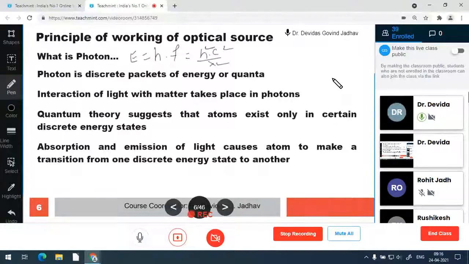What is required is that all photons should have the same packets of energy. A photon is a discrete packet of energy, or quanta.